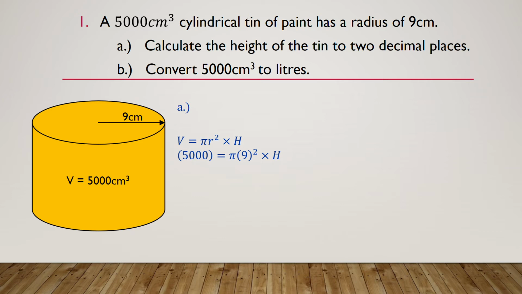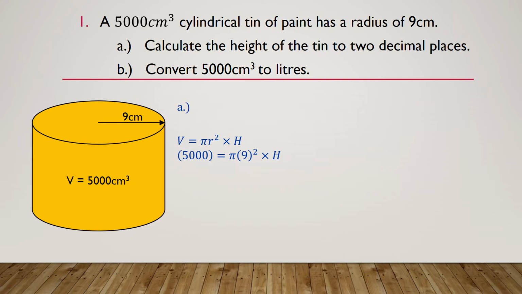From there, I need to try to get height alone, right? It's just like trying to get x alone on one side, except now we're trying to get height alone on one side. So because I'm multiplying here, I'm saying pi times 81, times height. If I move this pi times 9 squared over the equal sign, because I was multiplying on the right-hand side, when I bring it over to the left-hand side, I'm going to have to divide by that.